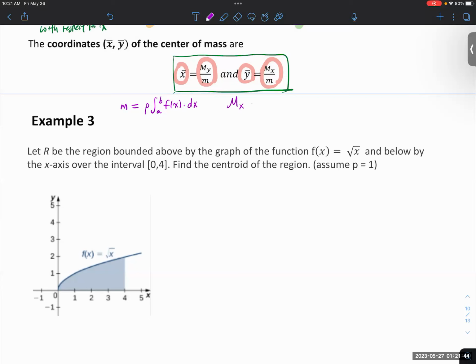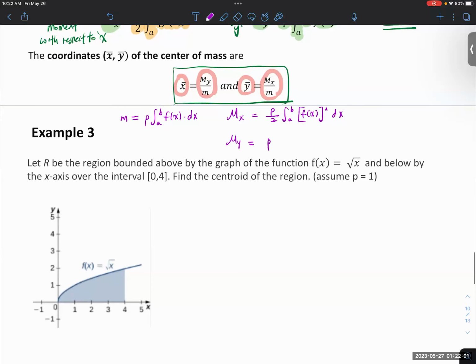And Mx is going to be P over 2 from a to b, f of x squared dx. My, as you see, is P times from a to b, x times f of x dx.